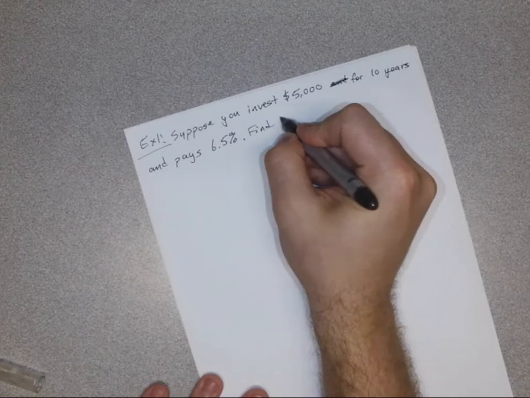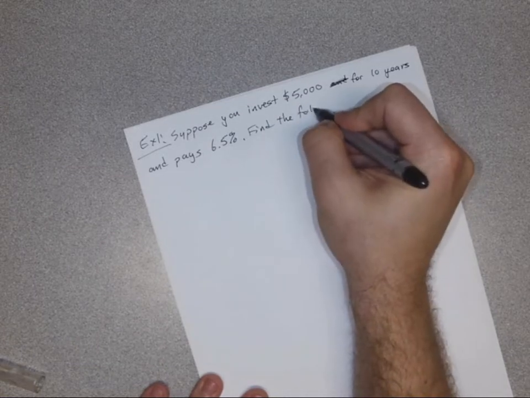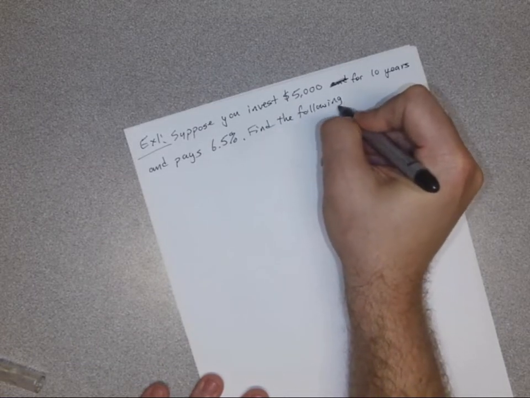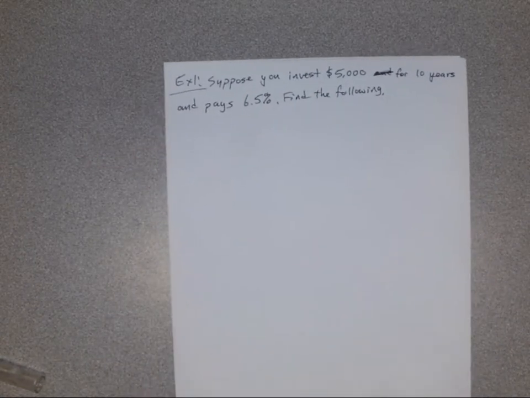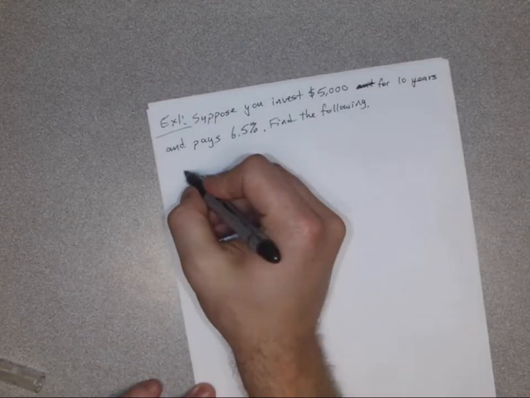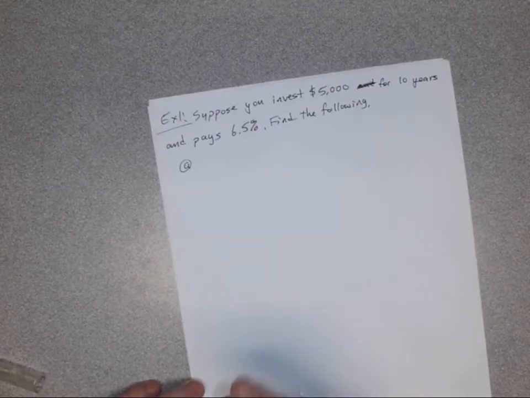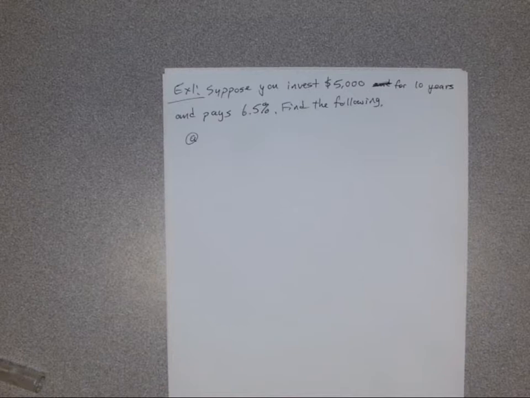Find the following. All right, so that's our setup. So you are investing $5,000 for 10 years, and you're going to get 6.5%, which is pretty good. And I'm going to give you a couple of parts, A, B, C, and D, and maybe an E here.